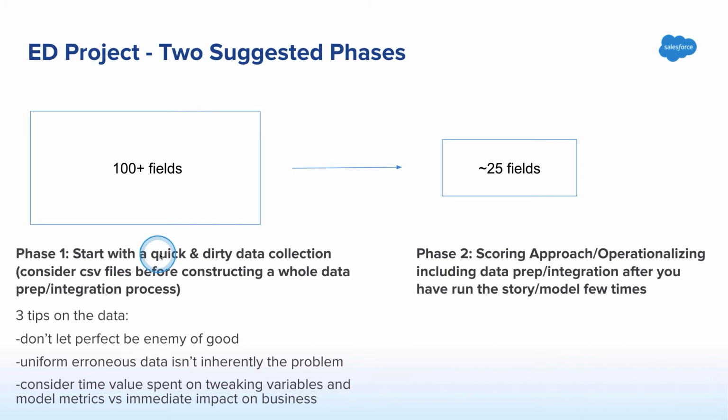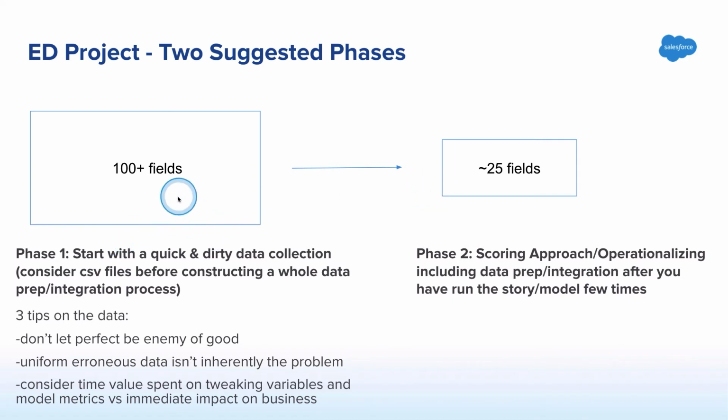Get the quick and dirty way to load it into Einstein Discovery and see what you get. You will get data improvements, you will get some insights, you will start deducing things that you need to do with it. You run it a few more times, and then you move to phase 2.